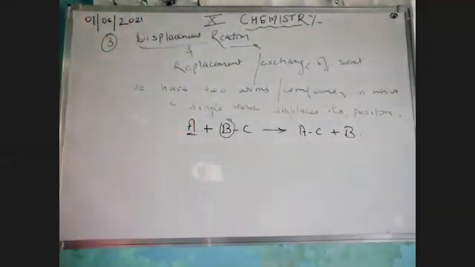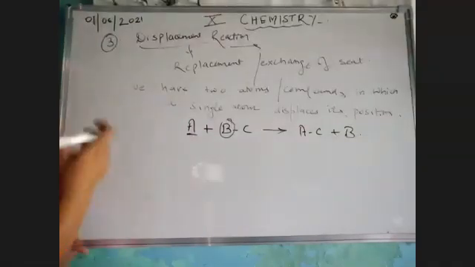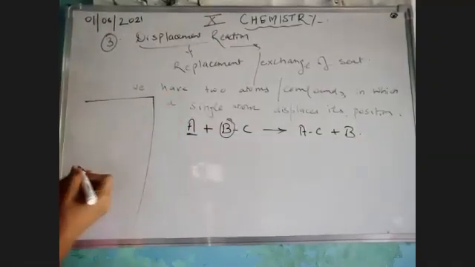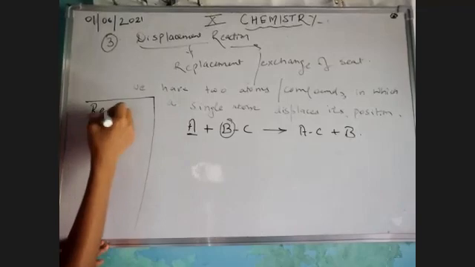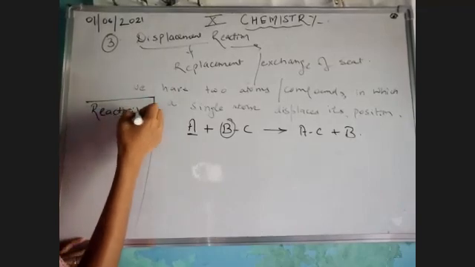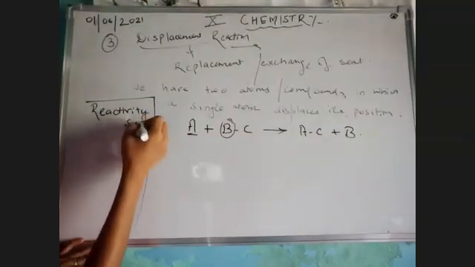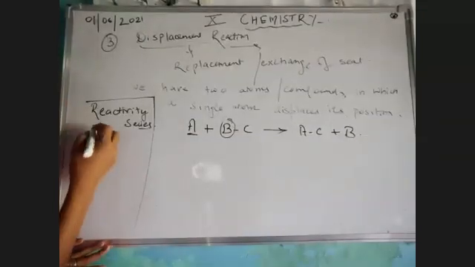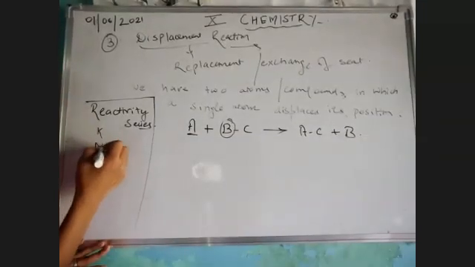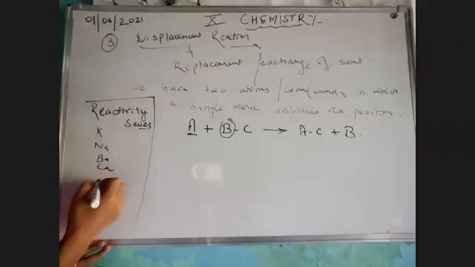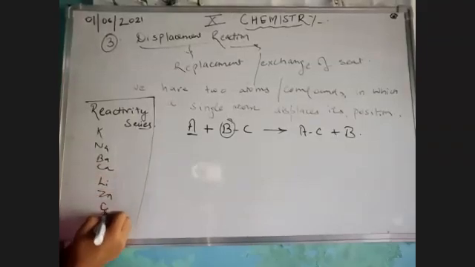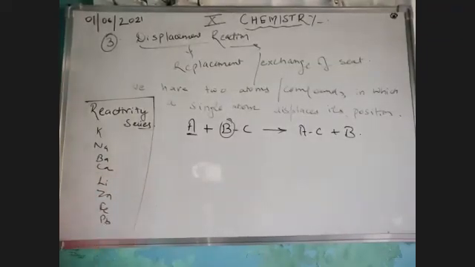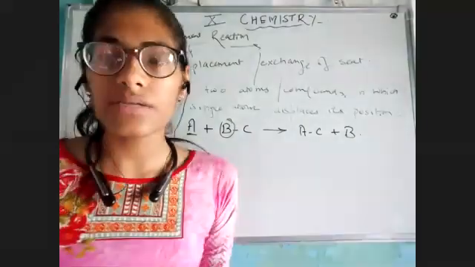I hope you will now be able to clear and connect both things very well. We have studied in our reactivity series, which has given the example of metals. Like this, right? We have just named it also to learn it as a short trick.